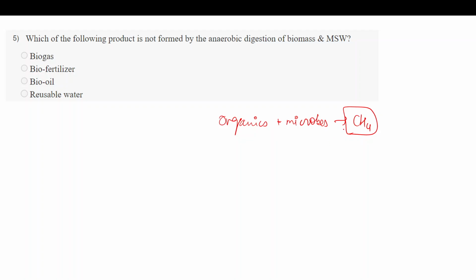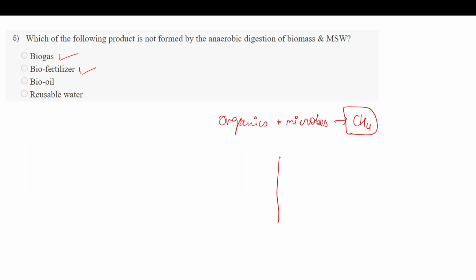Methane is nothing but biogas, which can act as fuel. Whatever sludge is left over can be called a kind of biofertilizer because it has some value.